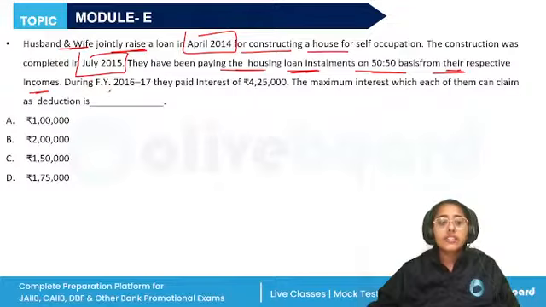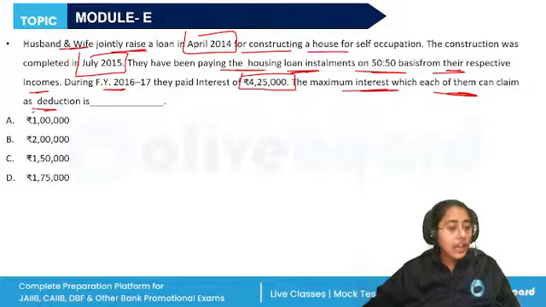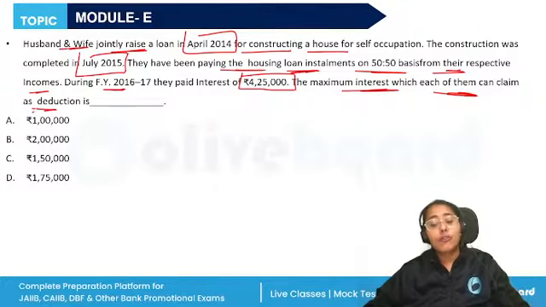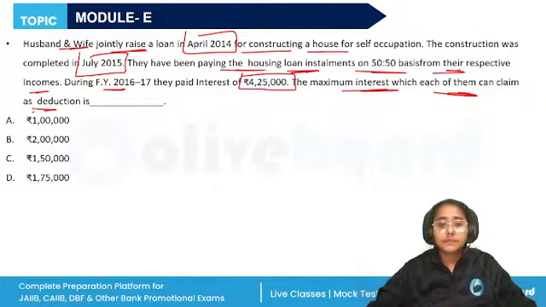During the financial year 2016-17, they had paid an interest of 4,25,000. Then the maximum interest which each of them can claim as deduction: whether they can claim rupees 1 lakh, 2 lakh, 1,50,000 or 1,75,000. They have paid interest of 4,25,000.